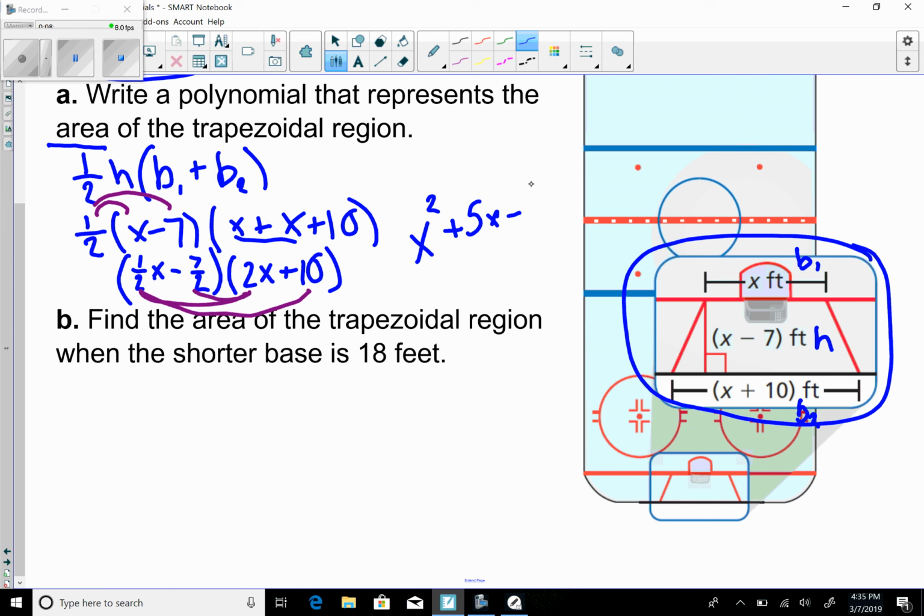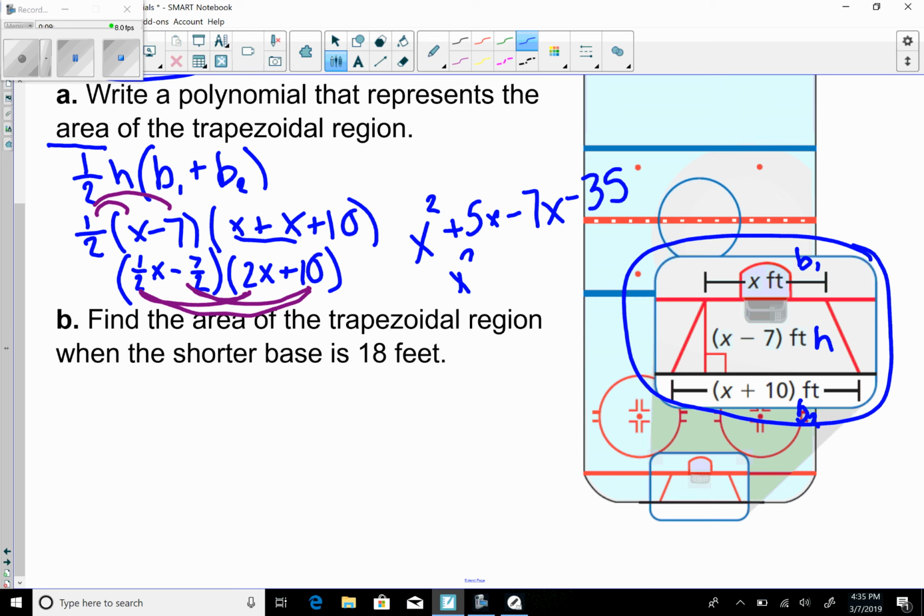Just make sure that you watch the negative there. So that'd be negative 7x. And then your lasts. So you're taking that negative 7/2 times 10. So multiply the numerators, that's 70. And then divide it by 2, that's 35. So you end up with a negative 35.